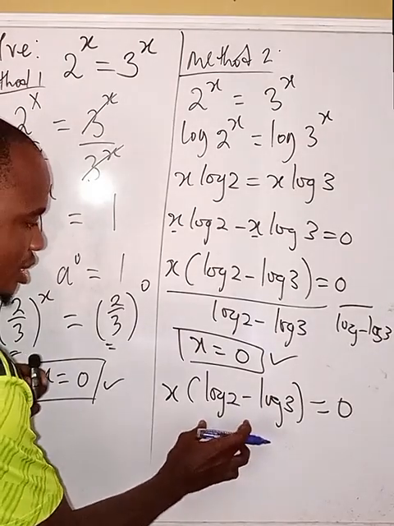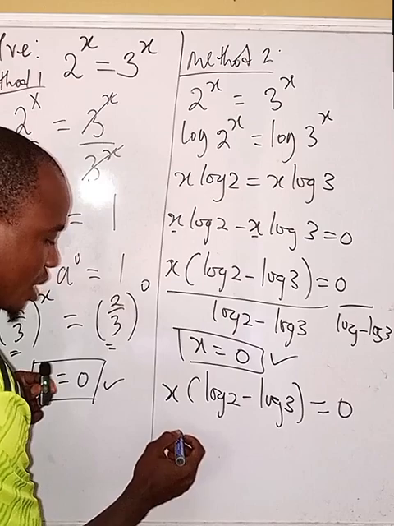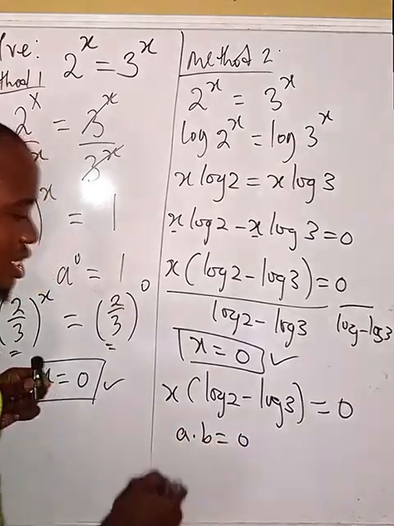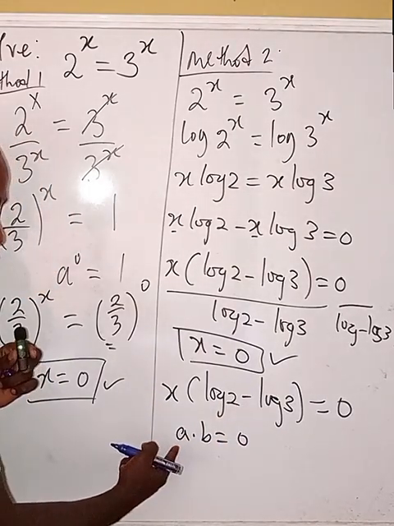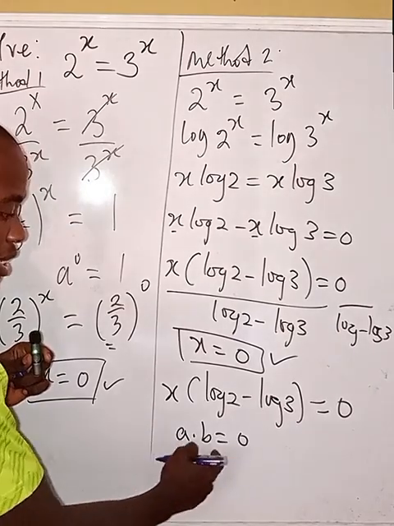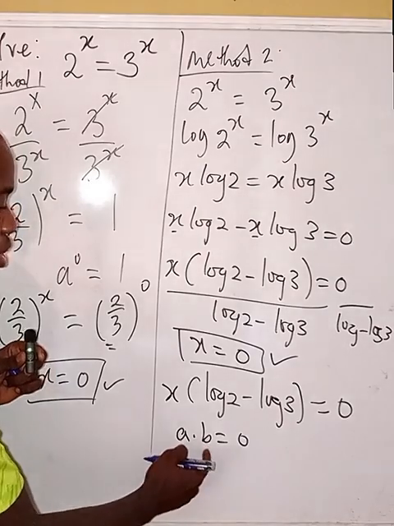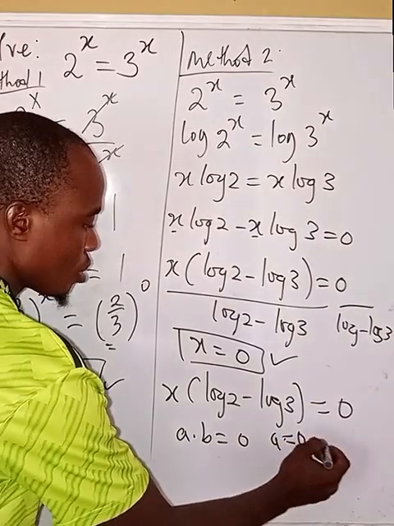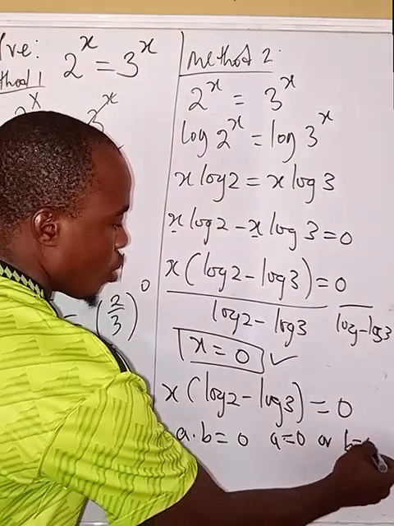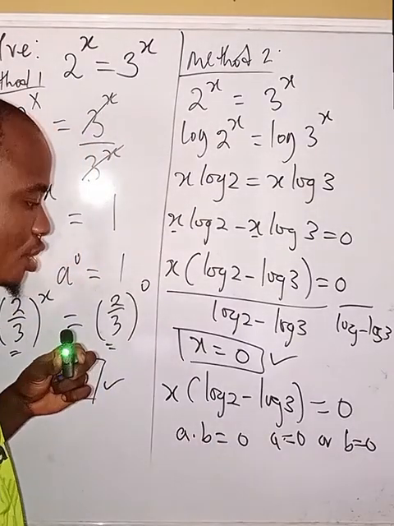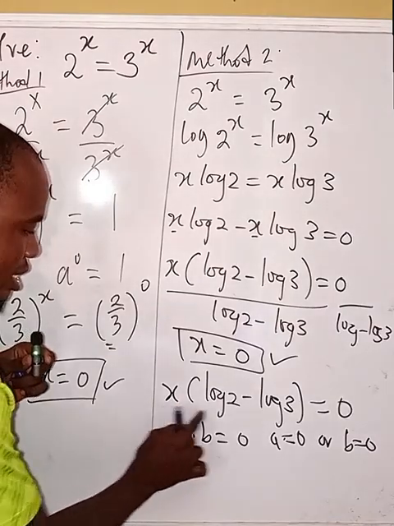You can see this is a zero-form equation. For example, if a times b equals 0, it simply means either a is equal to 0, or b equals 0, or both of them are zeros. Now when you look at this, it is like a times b.